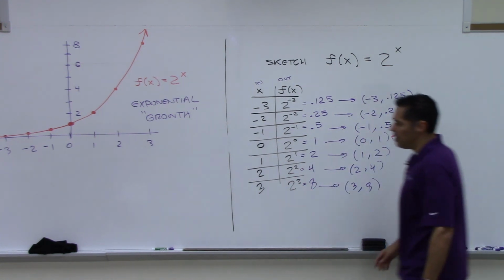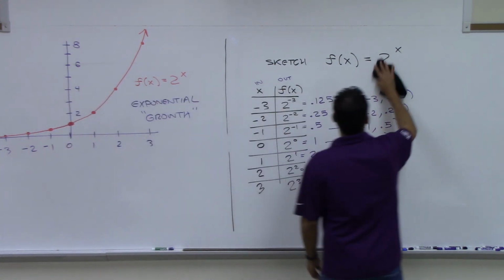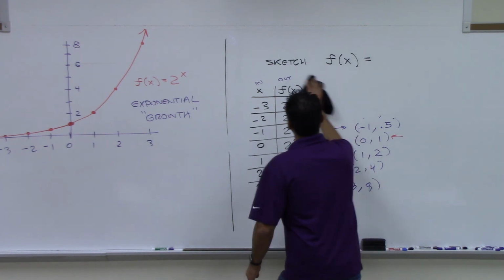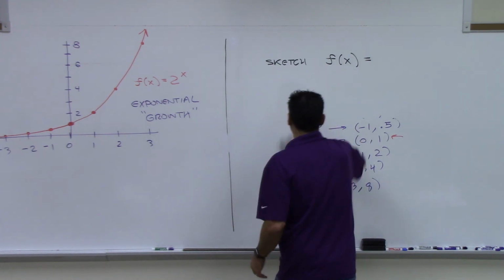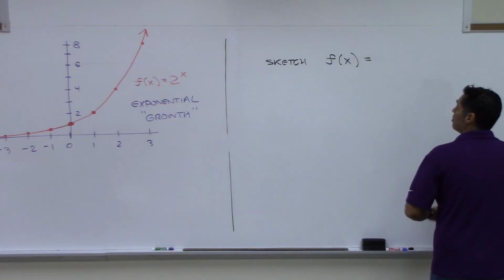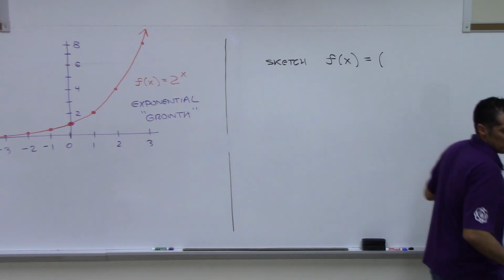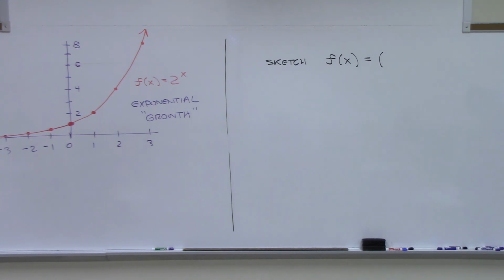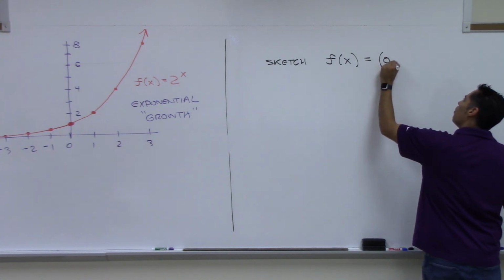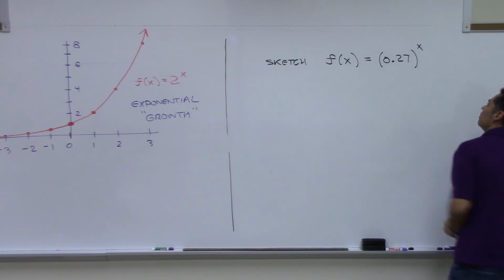So I'm going to do a completely different example, something we haven't looked at. Let's sketch the function f of x equals, what's the one on the review? Let me see, I just want to make sure I don't accidentally do that one. Yeah, okay. So let's go 0.27 to the x.